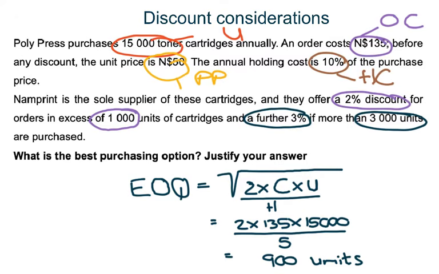The 135 was my ordering cost, and the 15,000 was my annual usage, divided by holding cost of, where did they give us the 5? They told us the purchase price times 10%, that is holding cost, so that will be 5. Do this calculation, press the square root function on your calculator, and you will get 900 units.